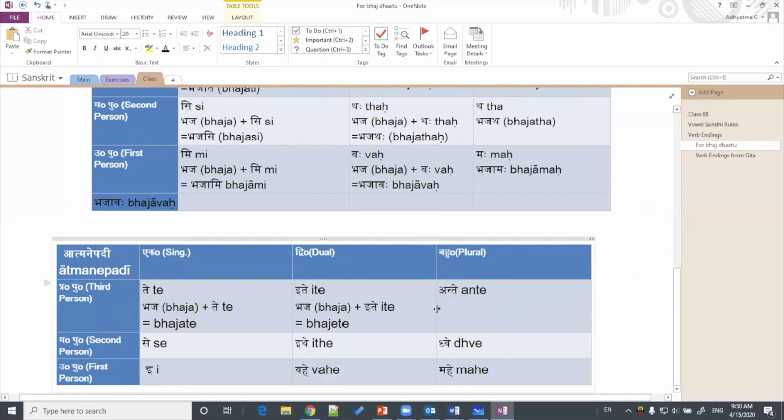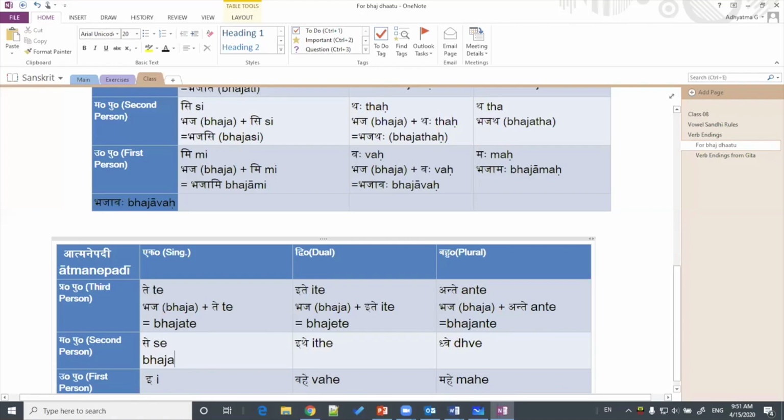Same thing here. It's bhaja plus ante. It should become bhajante as per the rules, but again the same exceptions apply here. So it's bhajante with a long a, not bhajante. And here we have bhajase.